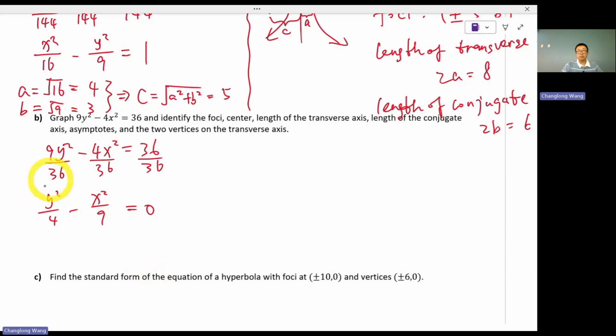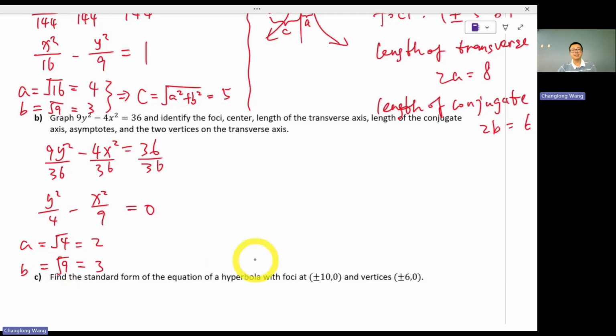Since the y term has a plus sign in front, that means it's a vertically opening hyperbola. And when it comes to A and B, 4 will be A squared, so A is 2, and B will be the square root of 9, which is 3.